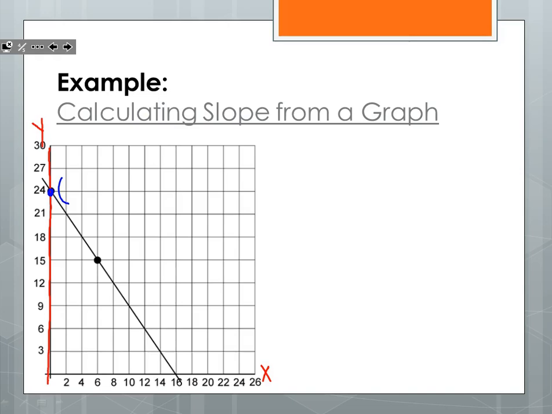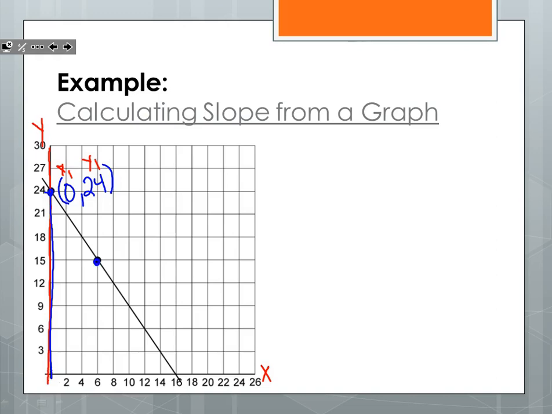Remember we said first we're going to look for the x. So if I follow this point down on my x, it starts at 0. Put a comma. And if I go over for my y, it's at 24. So this is my x sub 1. This is my y sub 1. I'm going to find my second point.